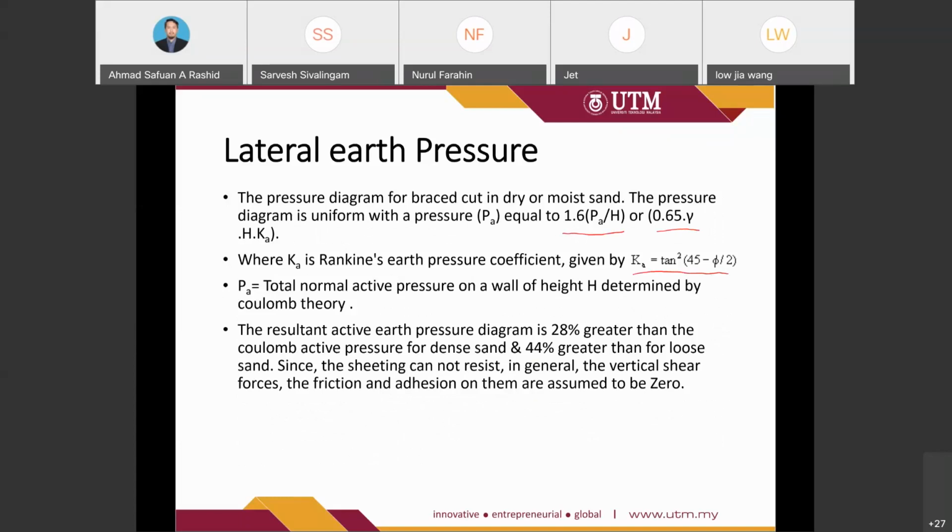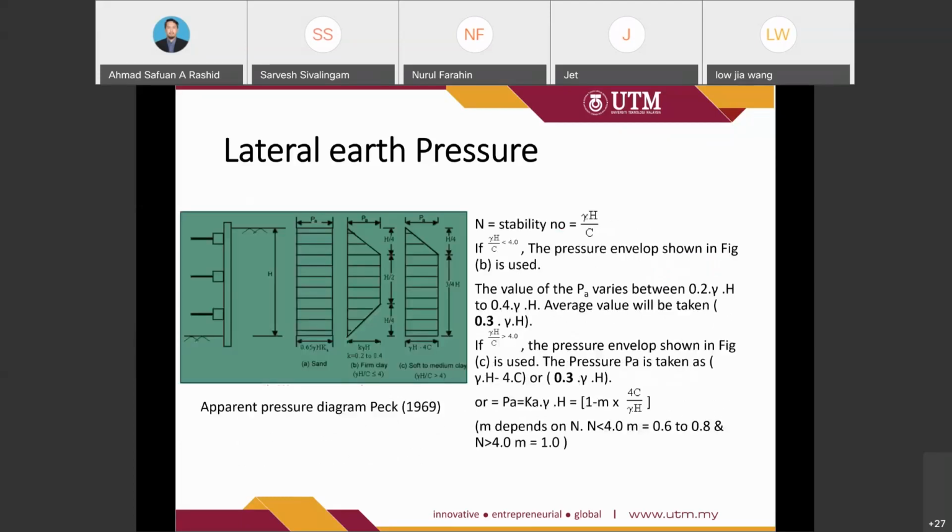Okay, and this is the pressure distribution diagram, which depends on the type of the material. For sand, the distribution pressure is 0.65 times unit weight times H times Ka.